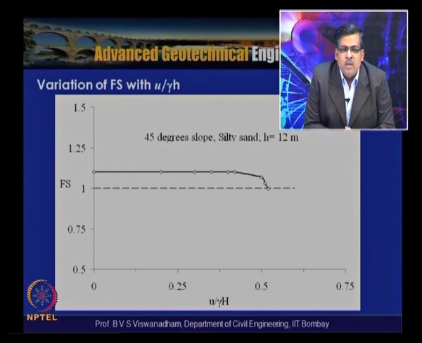That means that as U by gamma h increases, as the phreatic surface traverses and comes in contact with the toe of the slope, there is a possibility that slope instability can be instigated.